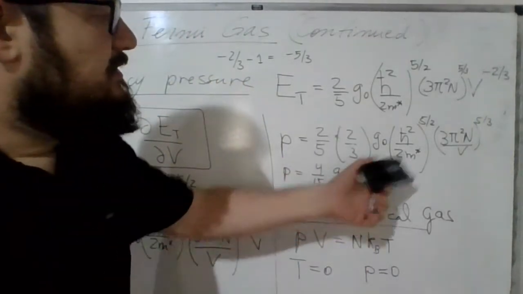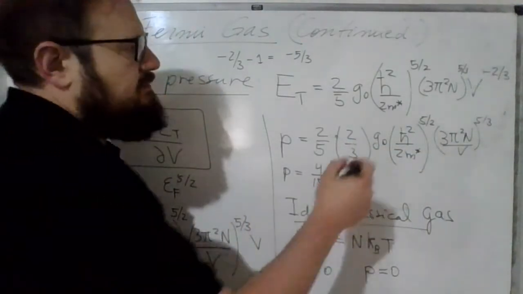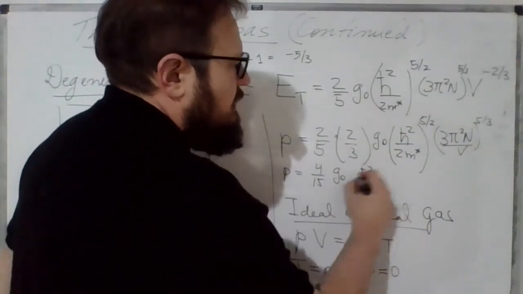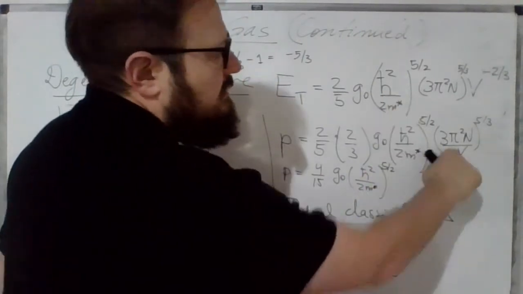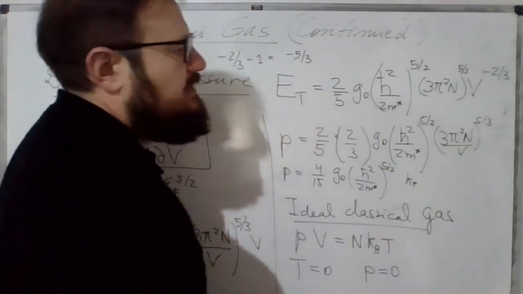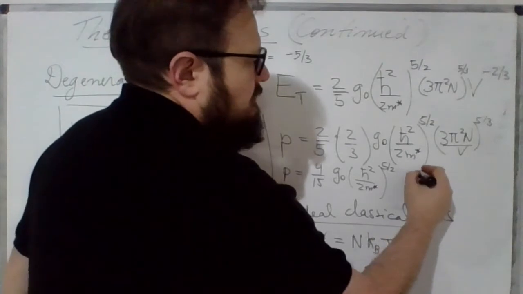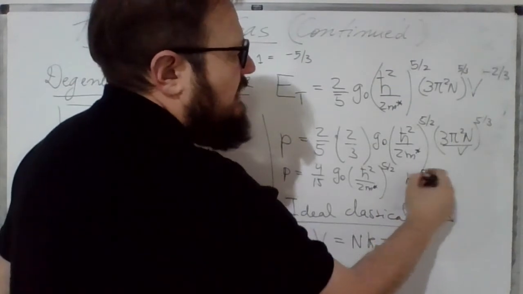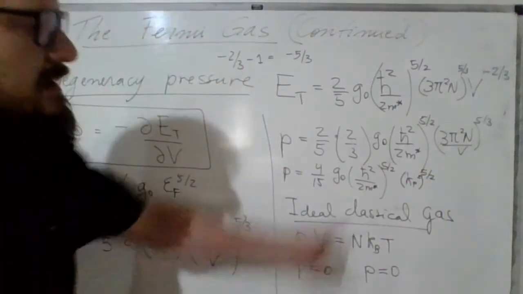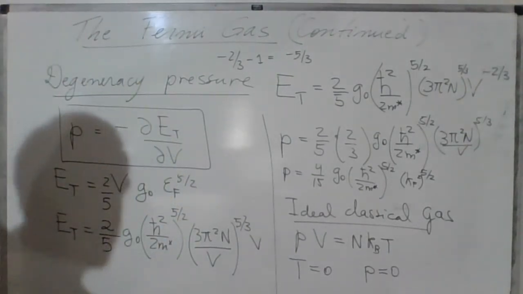A G0, this is the Fermi, h bar squared, twice the mass to the 5/2 here, and this is the Fermi wave number to the 5th power, which you could write here as 5/2 of k Fermi squared, and this is the Fermi energy again. But it is just a set of constants, of course.